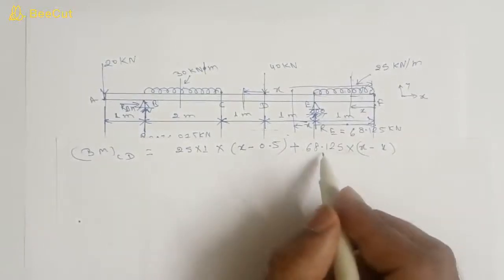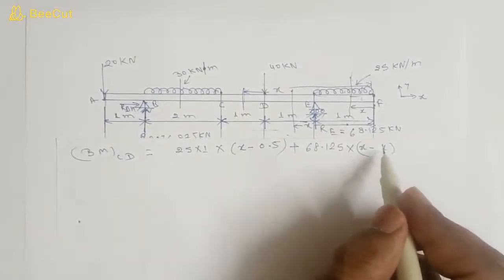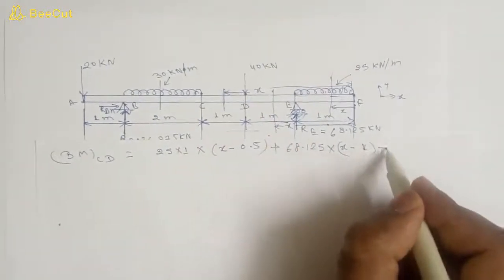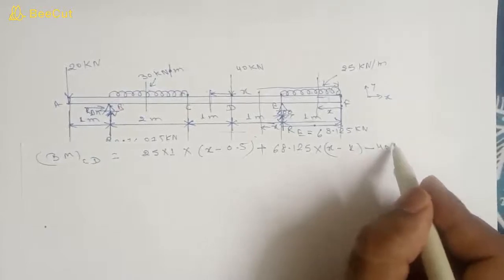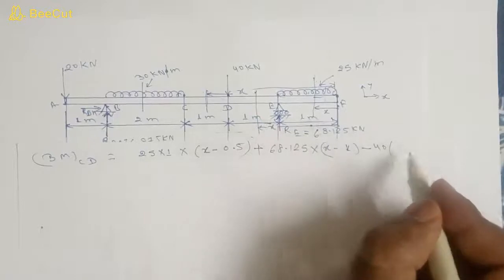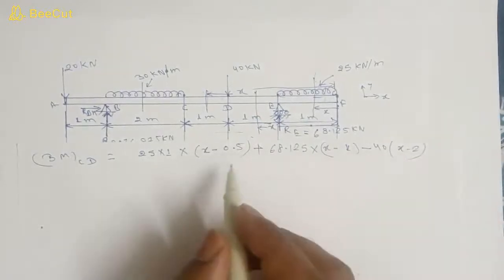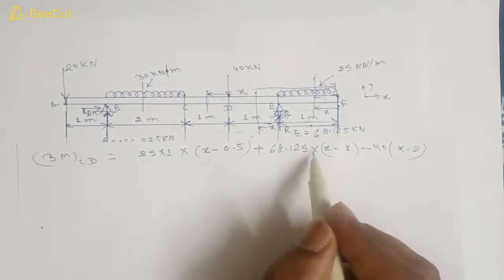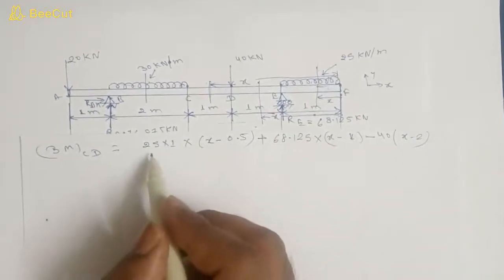So we get 68.125 into x minus 1, and then due to this 40 kilonewton we will get hogging, so minus 40 into this distance, x minus 1 plus 1, 2, so x minus 2. So you can see that the bending moment is proportional to x only, not x to the power 2 or 3. So it is an equation of a line.